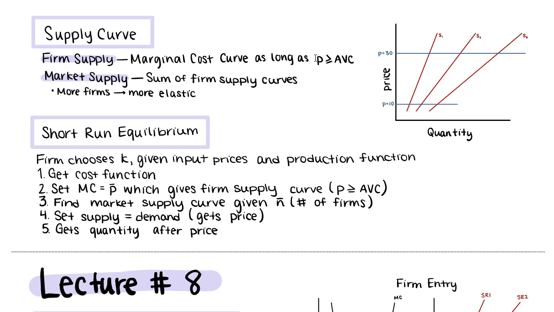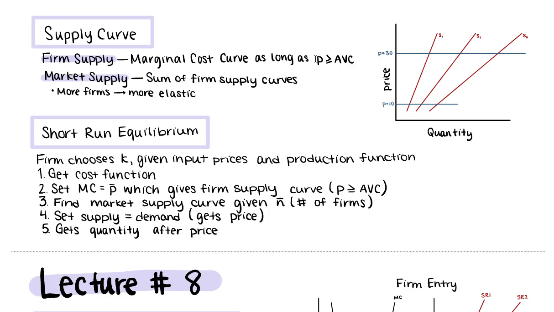That's number one. And the second is that in the short run, your supply curve is actually your marginal cost curve.